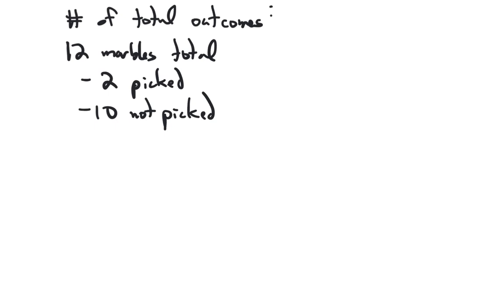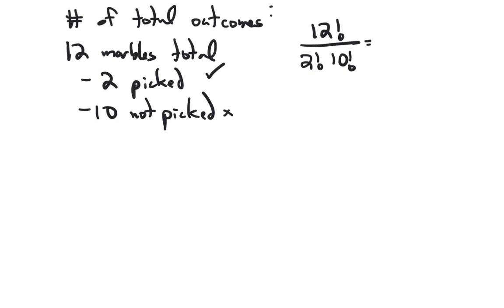Say if we wanted to arrange check marks and X's, every arrangement of 2 check marks and 10 X's will give us a different selection of our marbles. So in total, there are 12 symbols in total. 2 of them are check marks. 10 of them are X's.